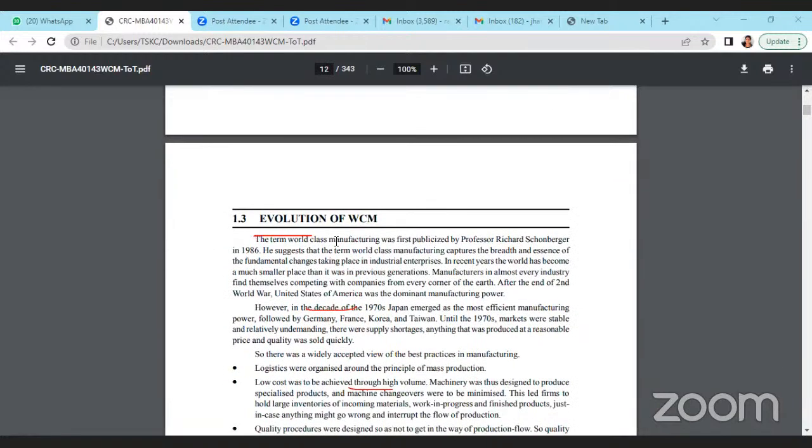Next, we have the evolution of world-class manufacturing. This is where we discuss how it has evolved.